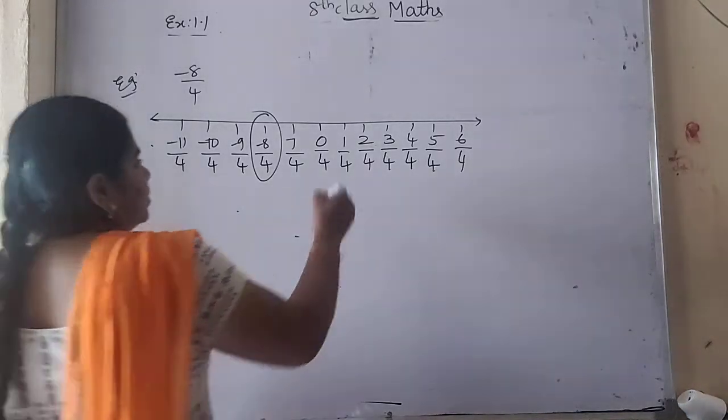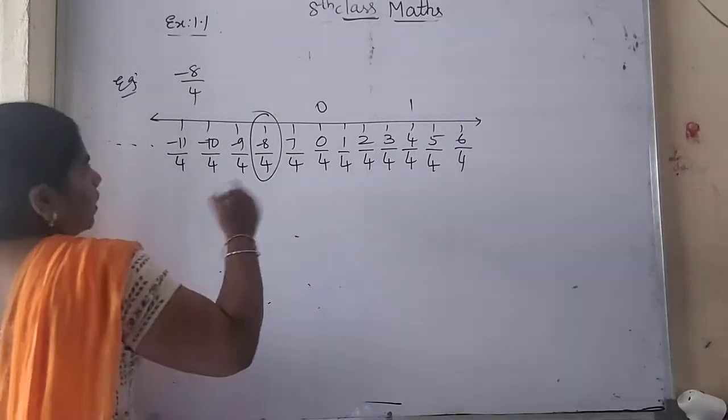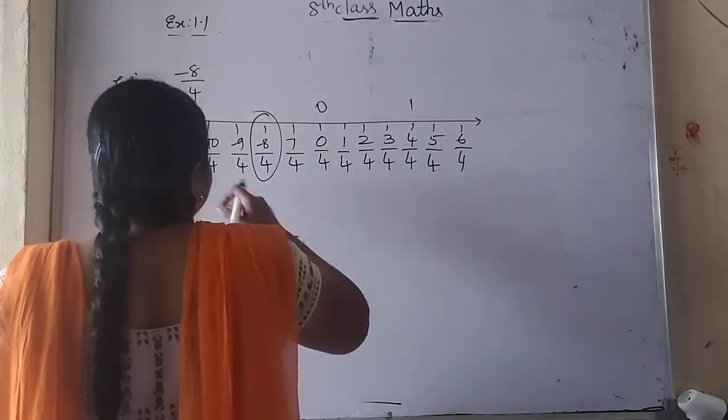And if you check, this 0 by 4 is nothing but 0. 4 by 4 is nothing but 1. Sorry, here I wrote the numbers wrong.